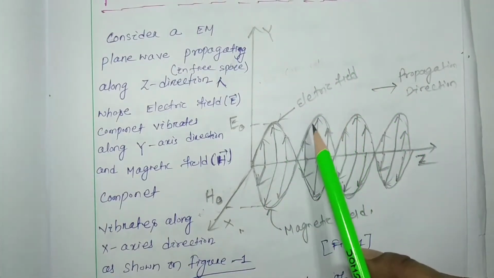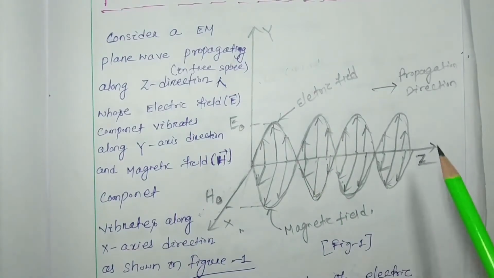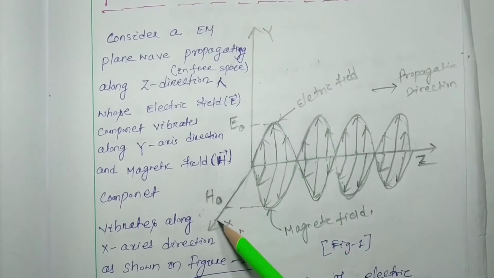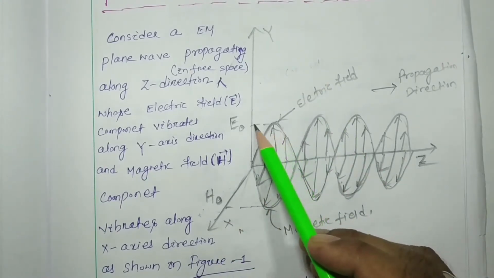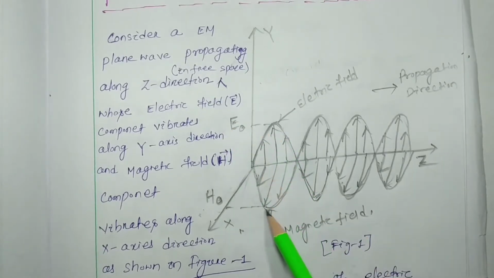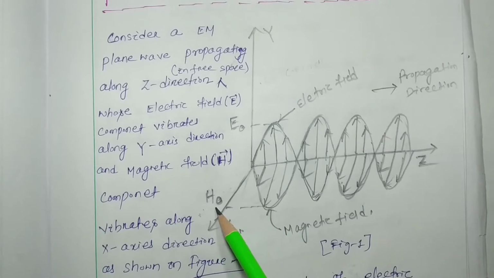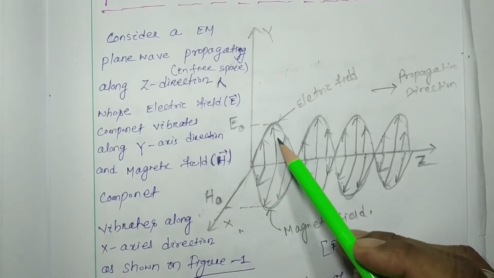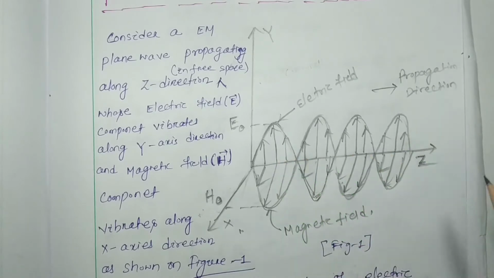The electromagnetic wave is propagating along the z axis, having an electric field component along the y axis and a magnetic field component along the x axis, and the amplitude of the electric field is E0, and for the magnetic field it is H0, and both are perpendicular to each other.